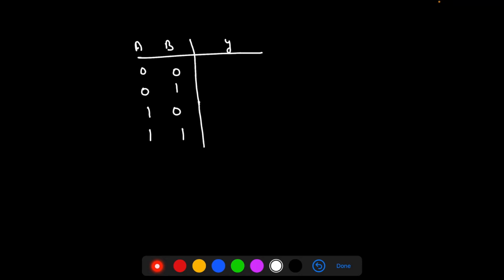So for the truth table we have two inputs A, B and our output y: 00, 01, 10, 11. You all know our expression y equal to (AB) bar.